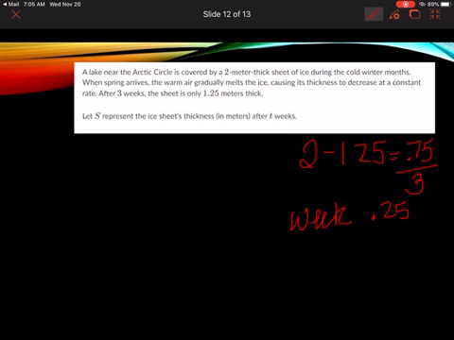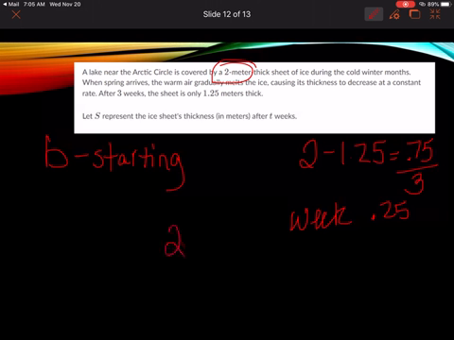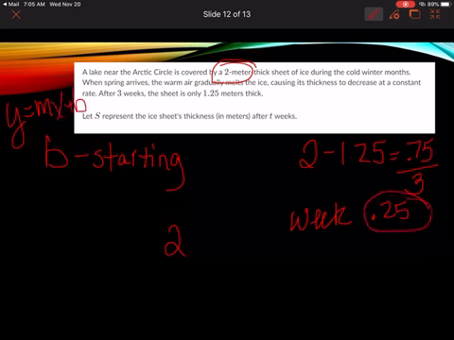So when I write the equation, remember my b, or my y-intercept, is my starting point. So I started at 2 meters. So I'm gonna have this 2 over here because we're gonna do it in the form. And then my slope is my rate of change.